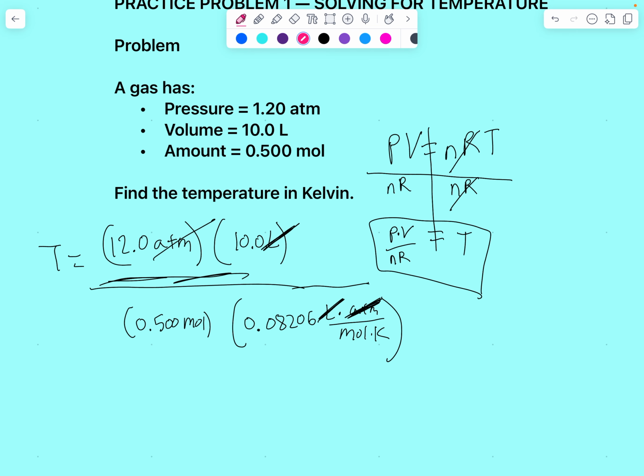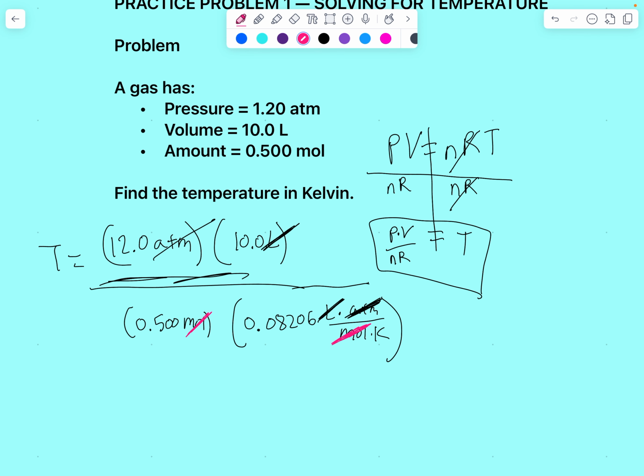Then I have mole up here in the numerator, and moles down here, so those cancel too. So guess what? I'm left with the K.